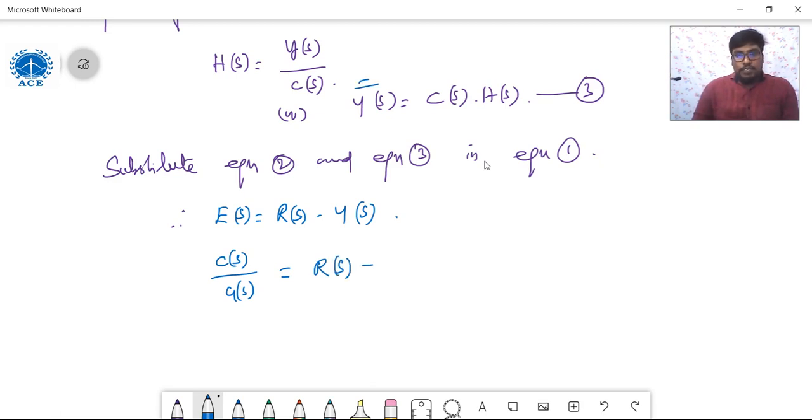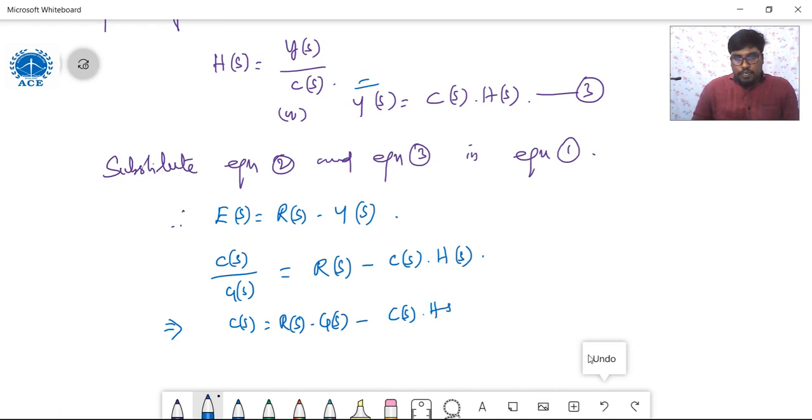See here, Y(s) is equal to C(s) into H(s). So minimize this one. C(s) is equal to, by cross multiplication, R(s) into G(s) minus C(s) into H(s) into G(s).